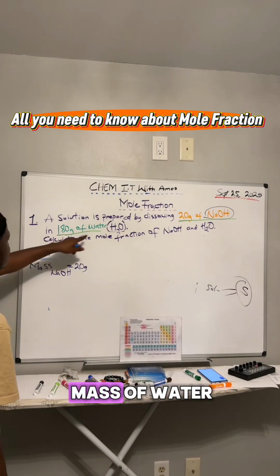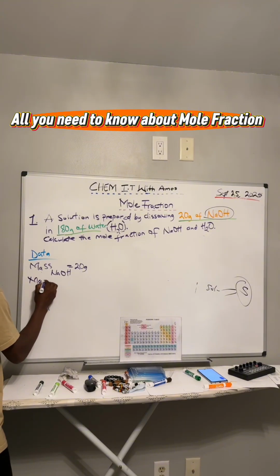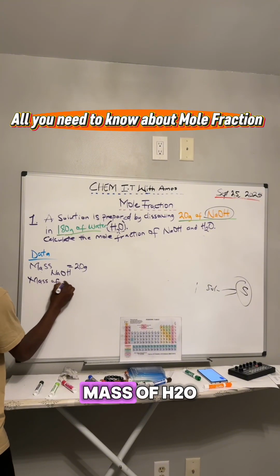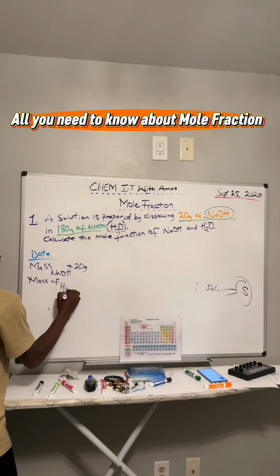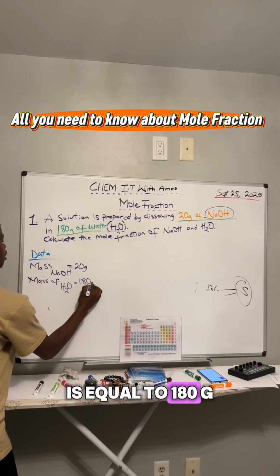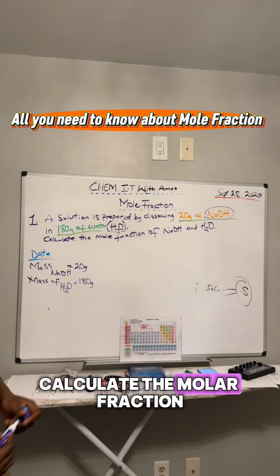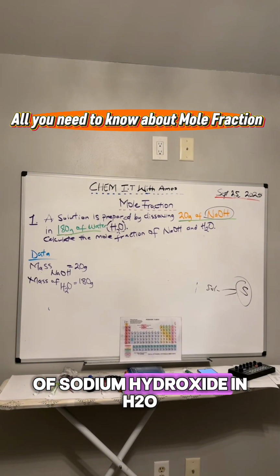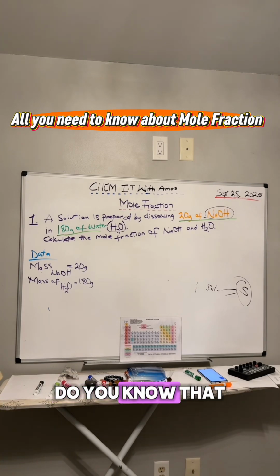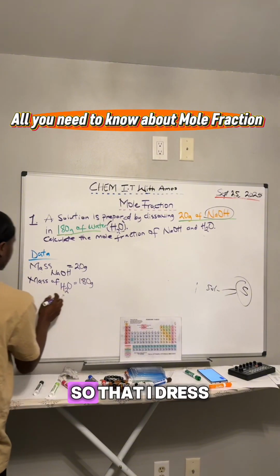So we say the mass of water, mass of H2O, is equal to 180 grams. Calculate the mole fraction of sodium hydroxide and H2O. Do we know the mole fraction of both H2O and sodium hydroxide?